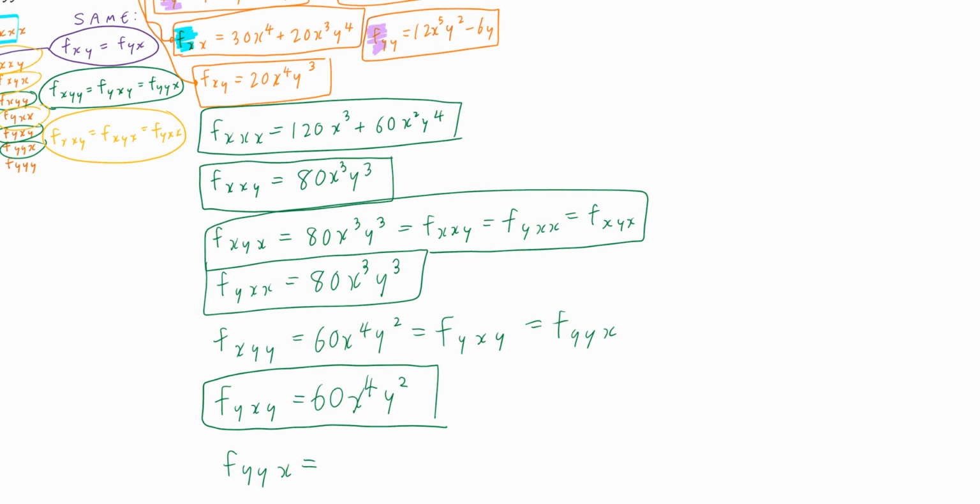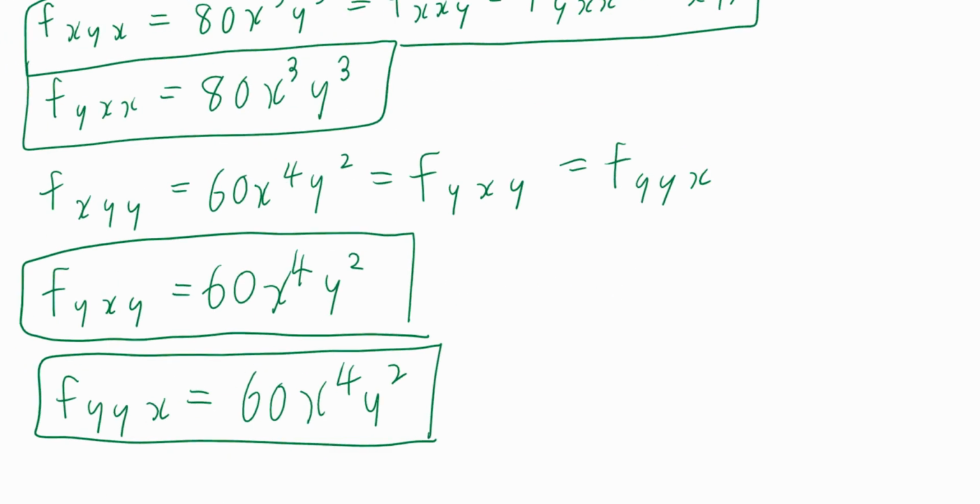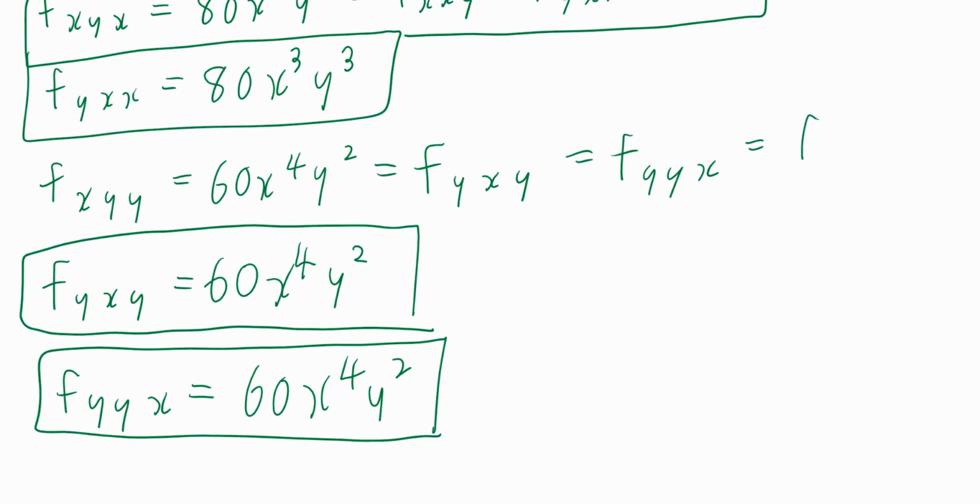So I write down 60x to the 4, and I copy y to the power of 2. And again, this equals, as expected, f_yxy, f_xyy, which equals f_yyx. And again, I'm going to put this back here so you can see it together. Just like that.